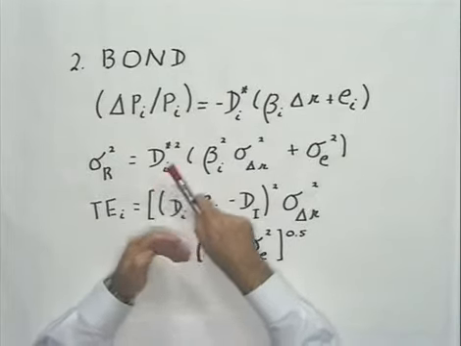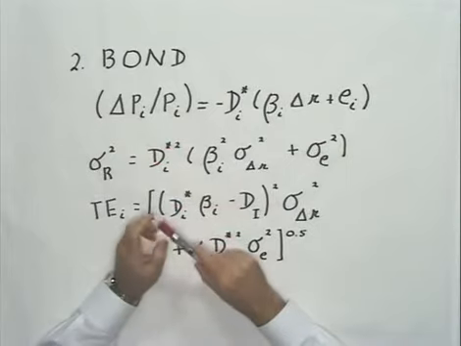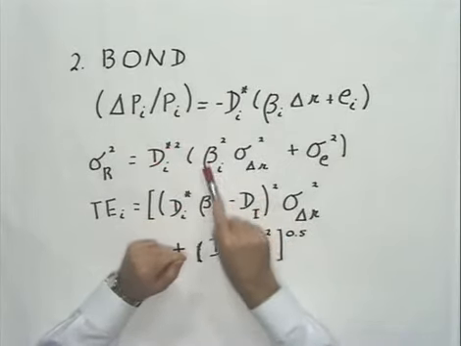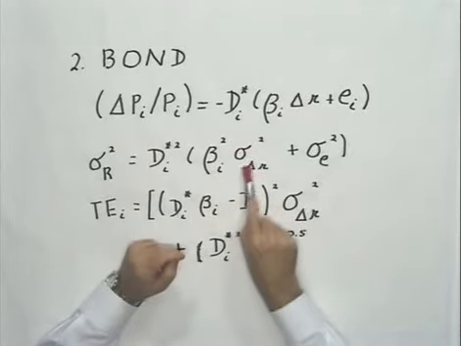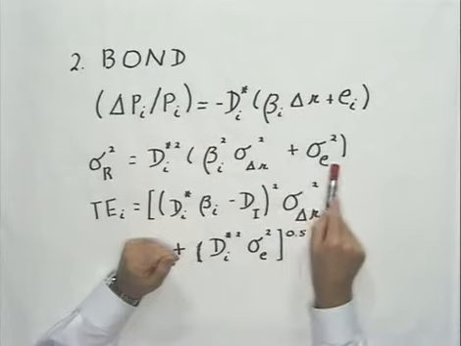Again, remember this is a variance type of term, so we have the modified duration squared times the systematic part in terms of the variability on the bond portfolio plus the non-systematic part.